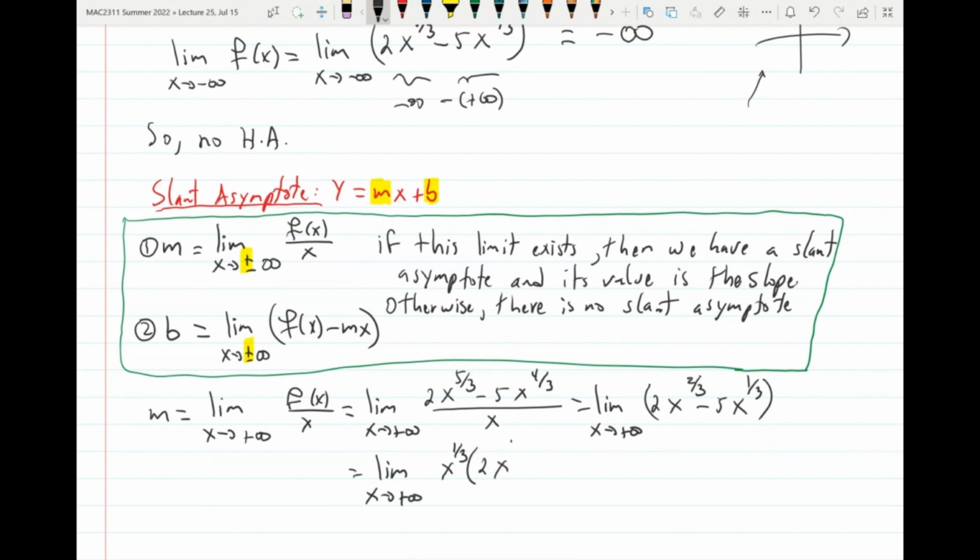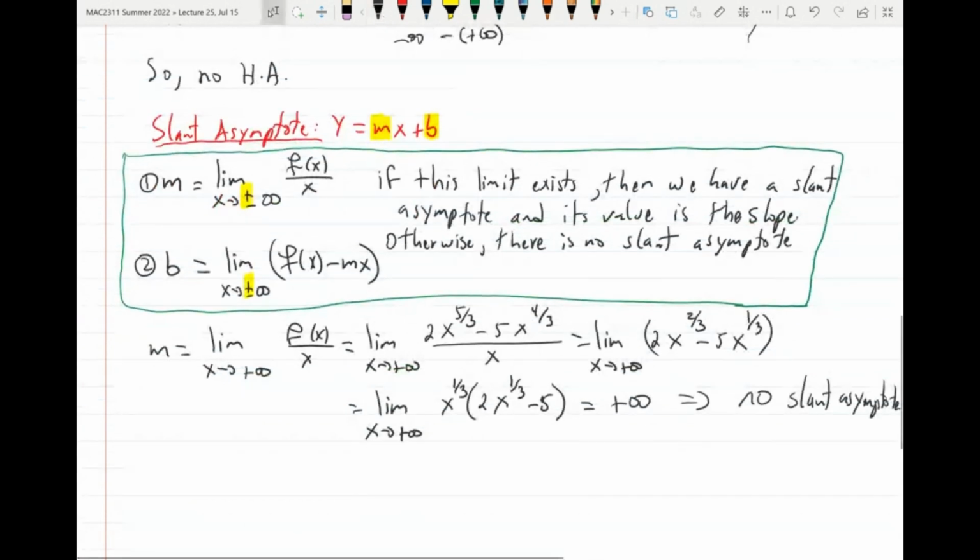So we get x^(1/3) times (2x^(1/3) minus 5). And then this is infinity times infinity, so it's going to be positive infinity. That means no slant asymptote, at least in this direction.